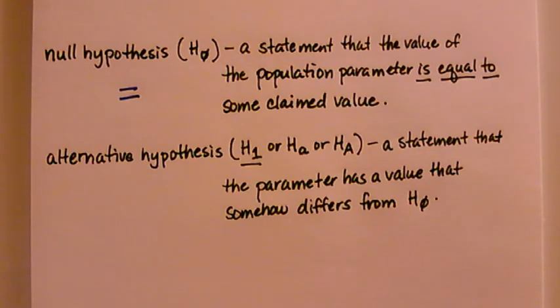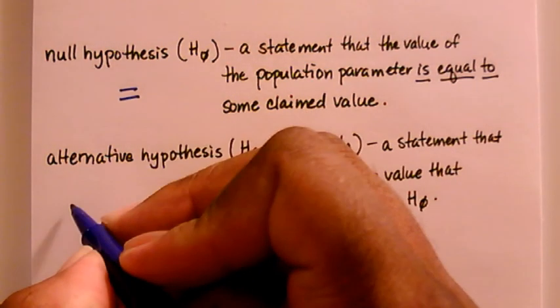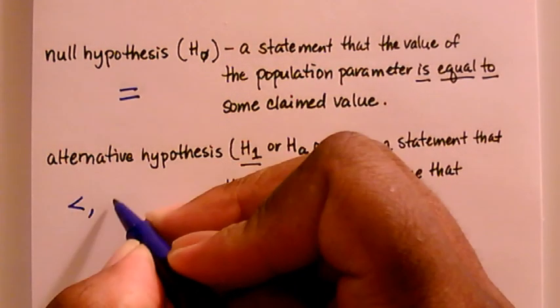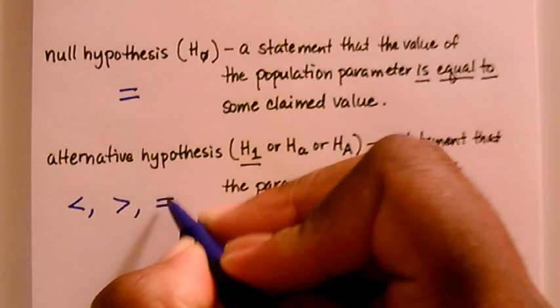I can just say H sub 0 is the null hypothesis. It's a statement that the parameter has a value that somehow differs from H sub 0, or the null hypothesis. And for the symbolic form, we're going to use either less than, or greater than, or not equal to.